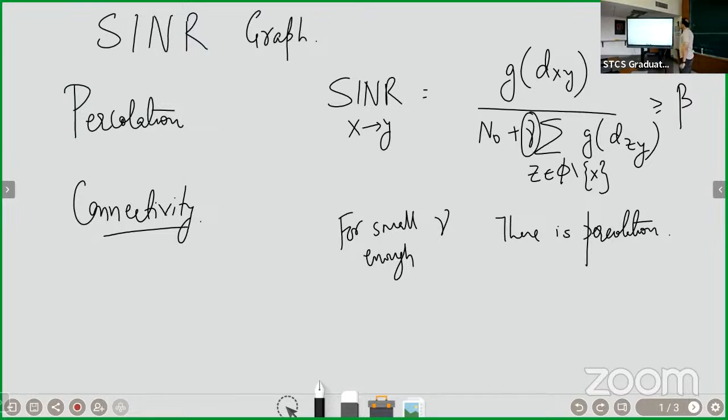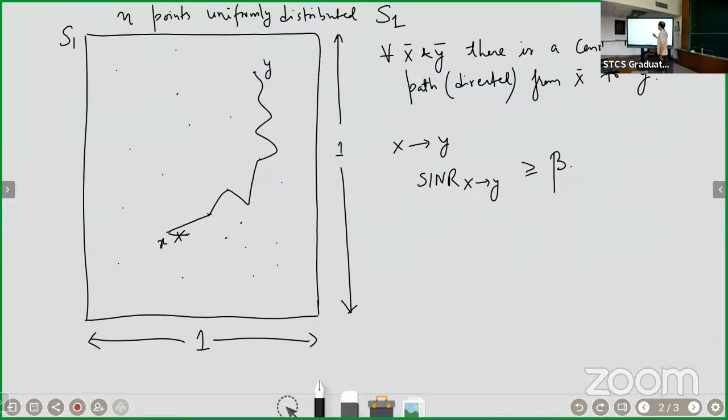There is another way to reinterpret it, which is to say that I can assign a color to each node. And only same-colored nodes interfere with each other.